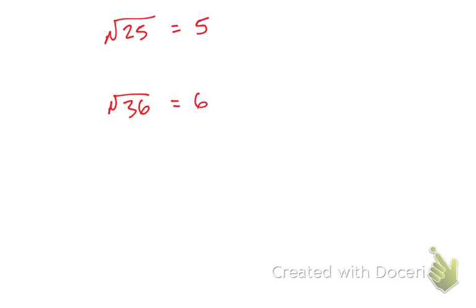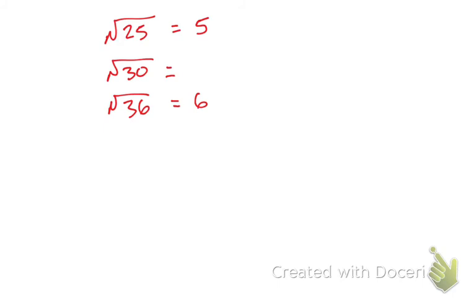But if I asked a question like, what's the square root of 30? You're going to notice that we run into a little bit of a challenge, and that is that there's no integer or whole number in between 5 and 6. I can guess about where that number is going to be. However, I certainly don't know what that is off the top of my head.